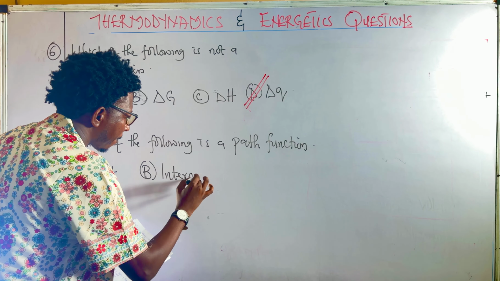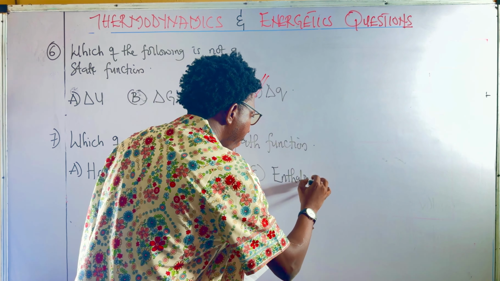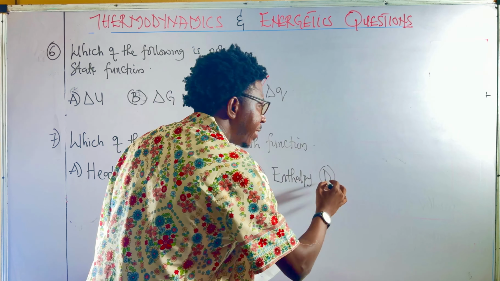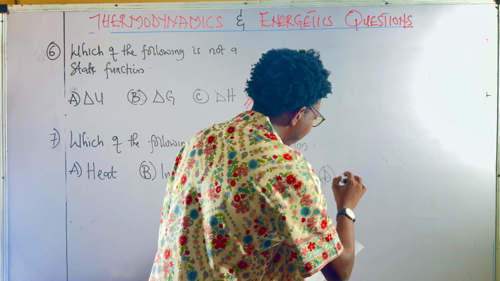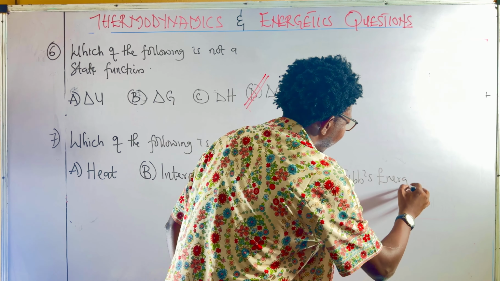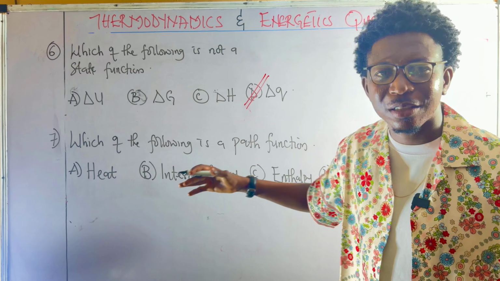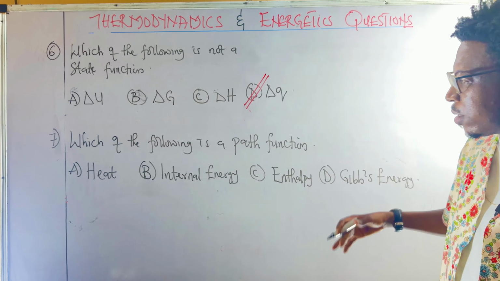Option C, enthalpy. Option D, Gibbs energy. I know you would be laughing if you see this kind of question in the exam, because I have taught you. Now, it's simple.